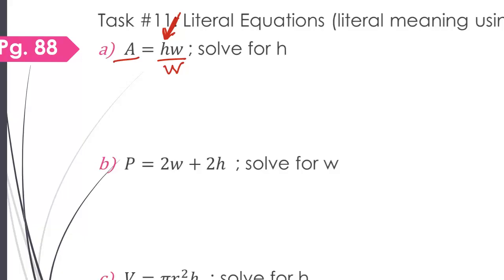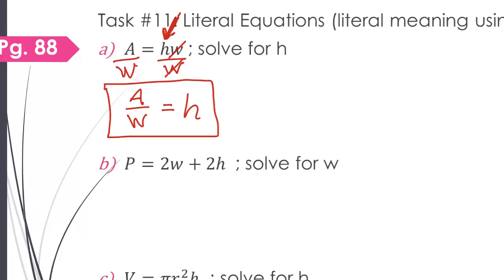So when I simplify, the W's are going to simplify out, and H is equal to A divided by W. That's H by itself, right? Can I simplify that at all? No. So that is your final answer. You're like, that's it? Yeah, that's it.